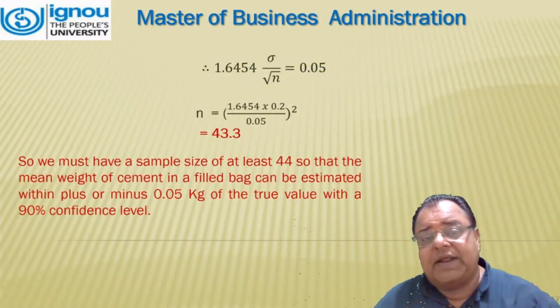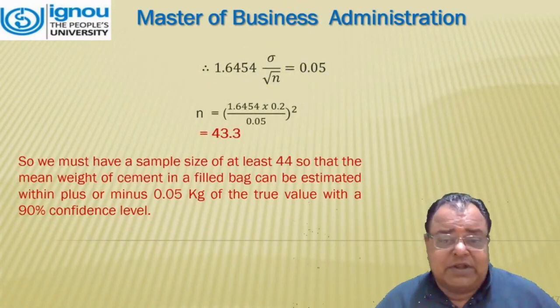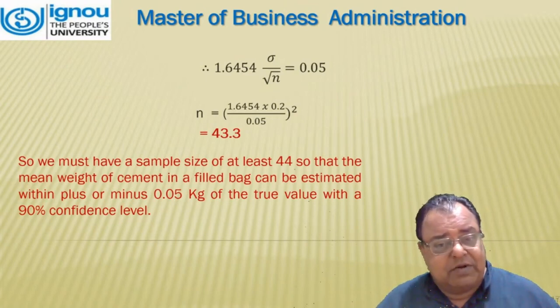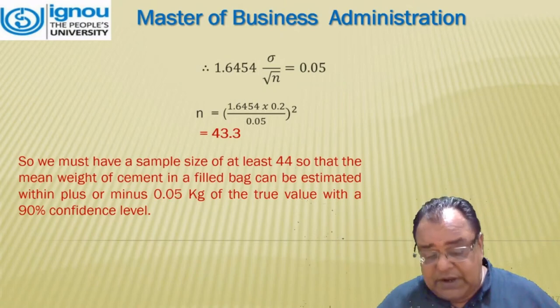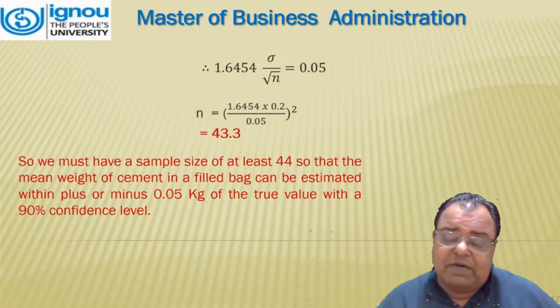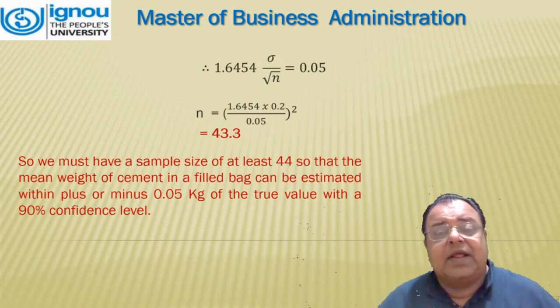We will be converting the information into this formula: 1.645 times sigma upon under root n, which is equal to 0.05. That is the deviation. All this information is given to us.